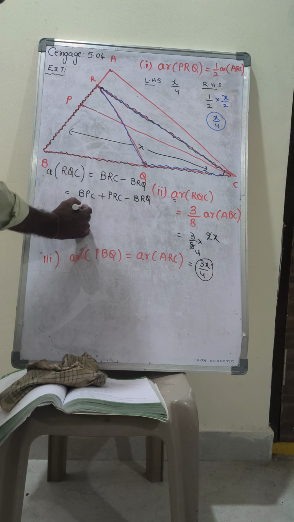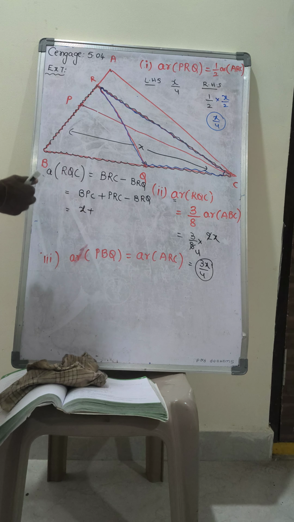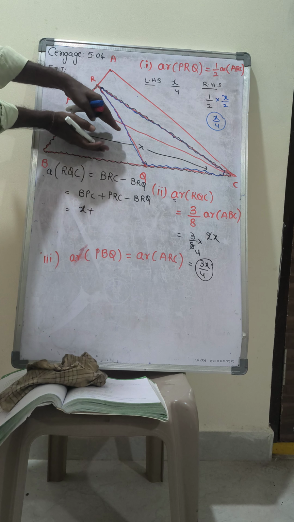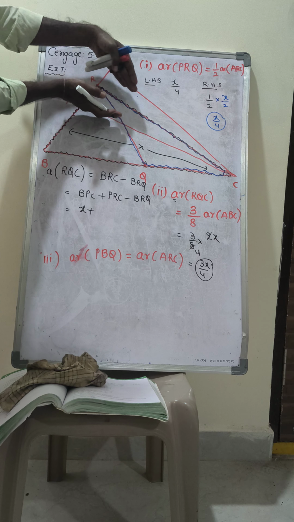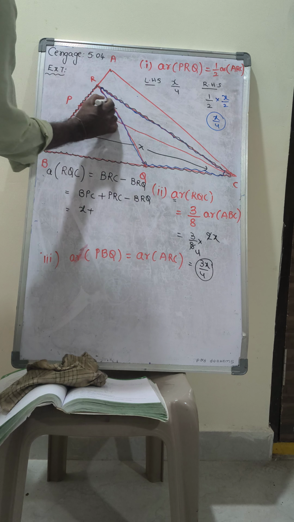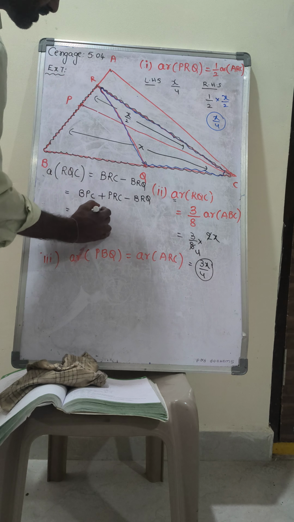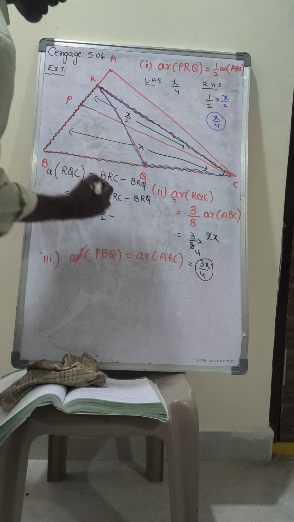What is this BPC area? X. Now look at this PRC. So this part is X. This part is also X. But PRC means X by 2. So this is X plus X by 2.